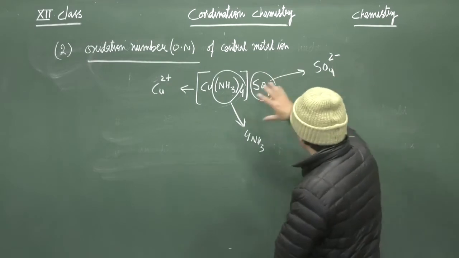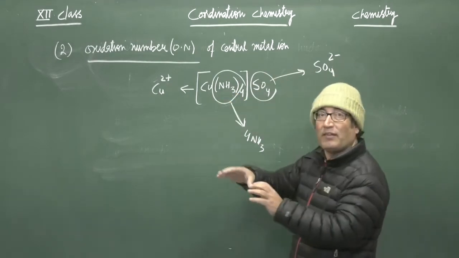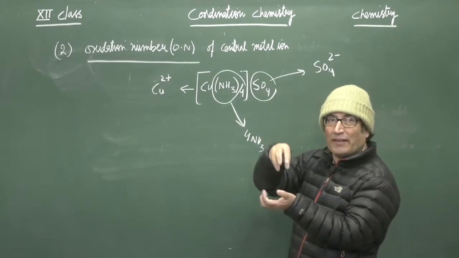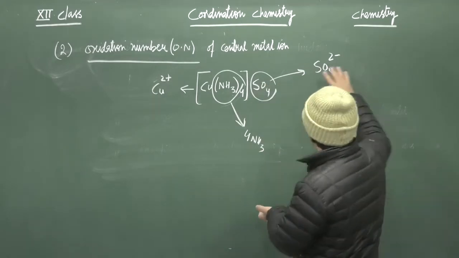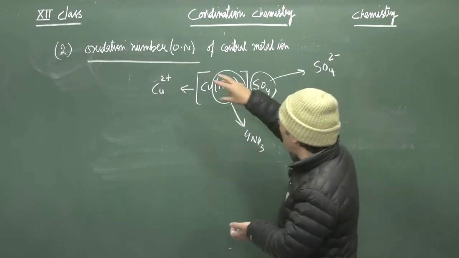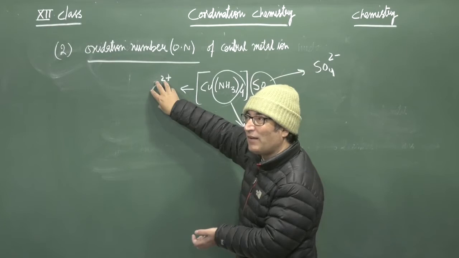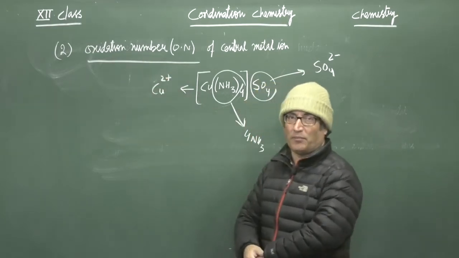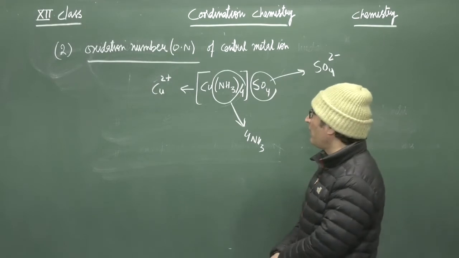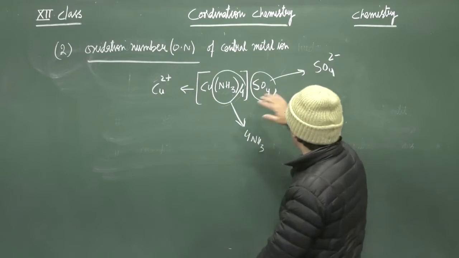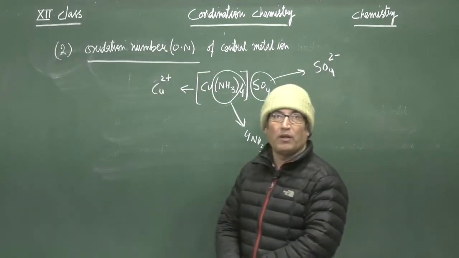It's like you are breaking the coordination compound so that you get only the central metal ion. You remove the sulfate, you remove the 4 molecules of ammonia. The residual charge left on the metal ion, which is +2, is its oxidation number.